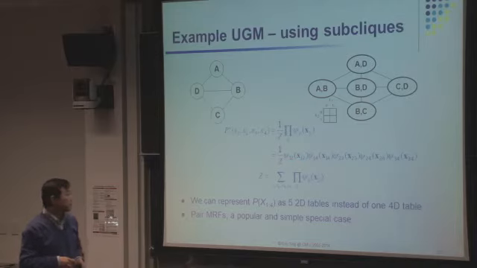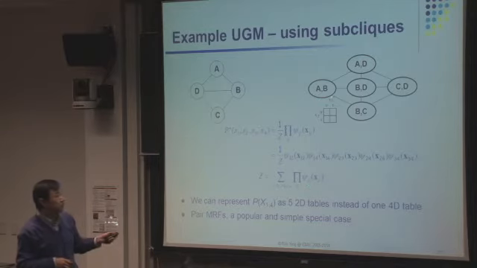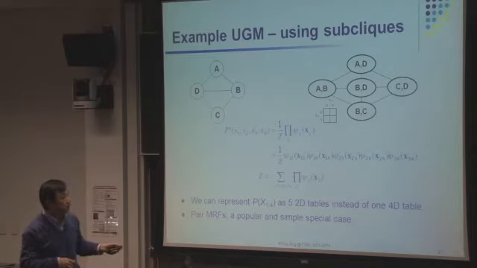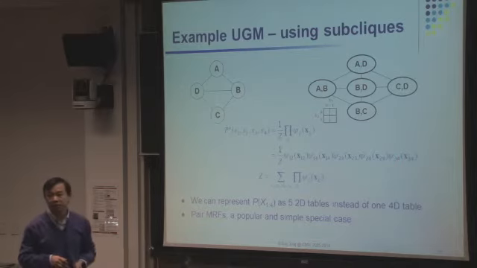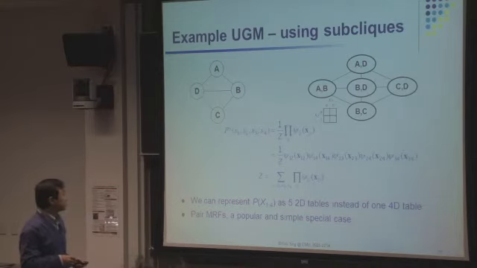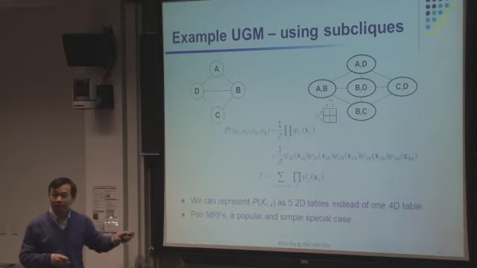In here, you now need to have 5 tables, each of them a 2-dimensional table, to parameterize the whole thing. So you may need to deal with a few more terms, but you may have an easy life in creating these numbers, because putting in the configuration of a pair is always easier than putting in the configuration of a triplet. All right, so now do you have any questions regarding these 2 ways of representing the distribution?